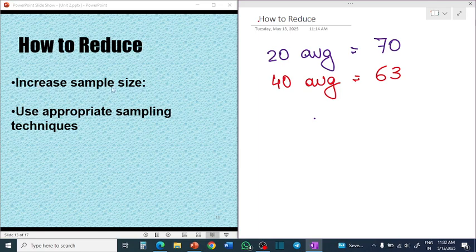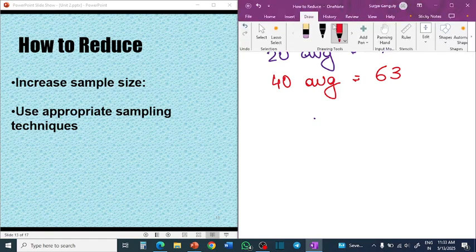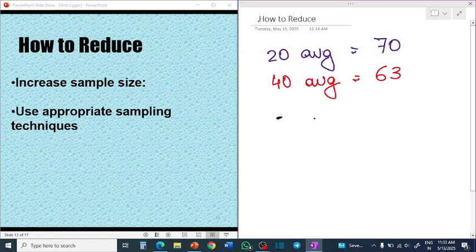When we increase the sample size, we get a number closer to the real population. We had 50 students and the real population average was 60.